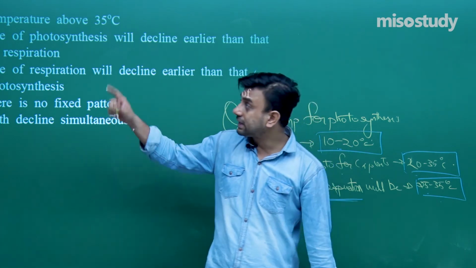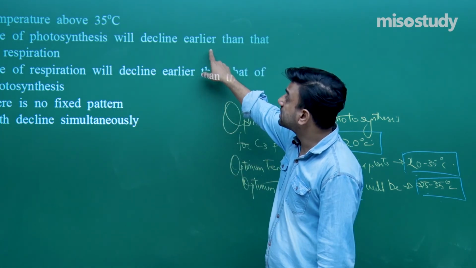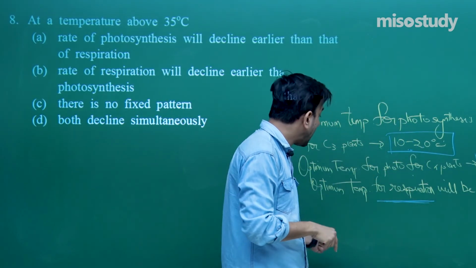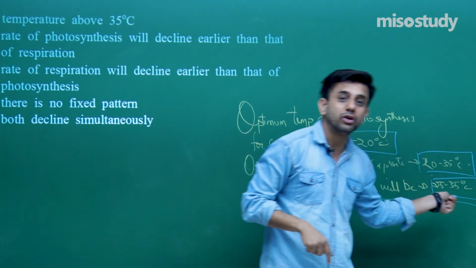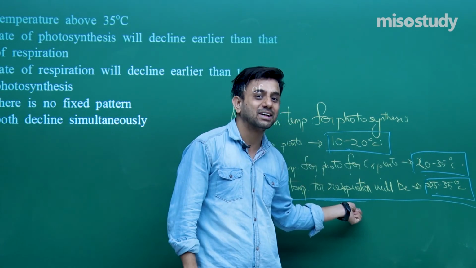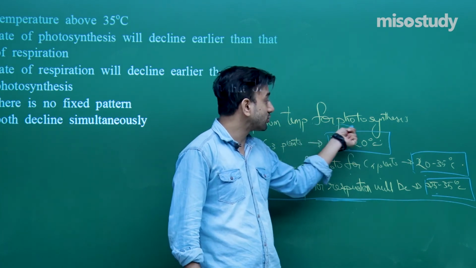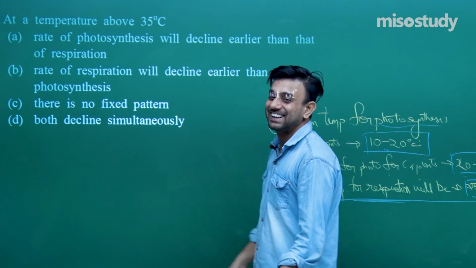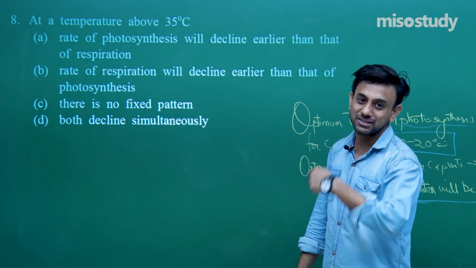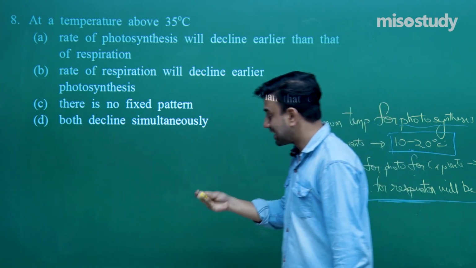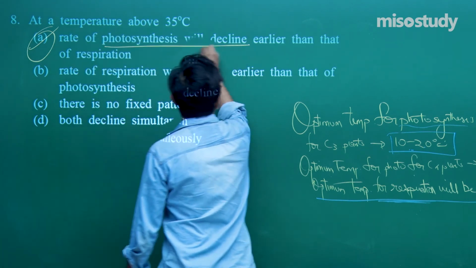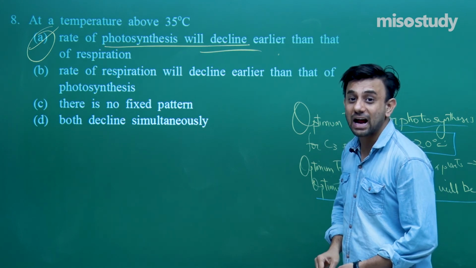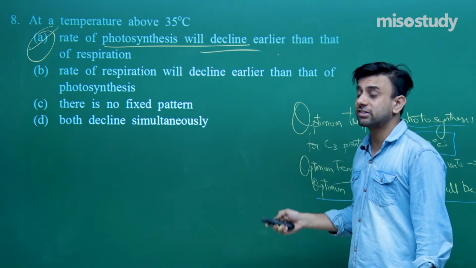So when the temperature rises above 35, it is near the optimum temperature for respiration but going away from the optimum for photosynthesis, and hence the rate of photosynthesis will decline earlier than the rate of respiration. Got it? This is how you have to understand. We move on to the next question.